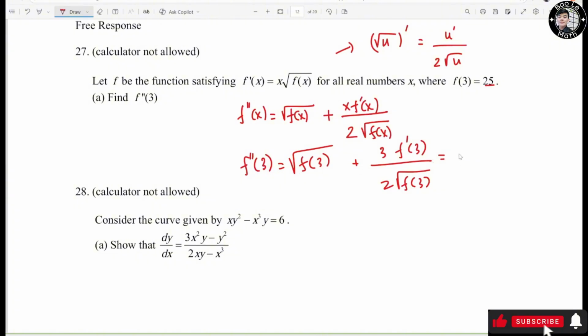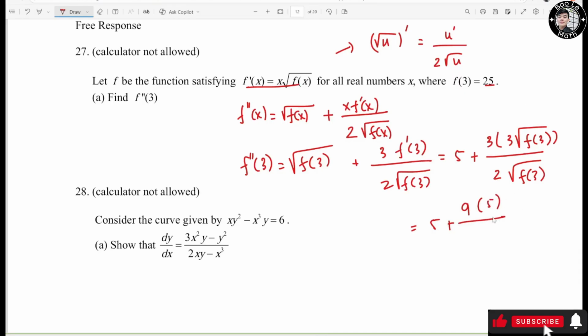So it could be square root of 25 equals 5, plus 3 times f prime of 3, substitute 3 for s over here, so you have 3 square root of f of 3, over 2 square root of f of 3. So it could be 5 plus 9 times square root of 25 equals 5 over 2 times 5.